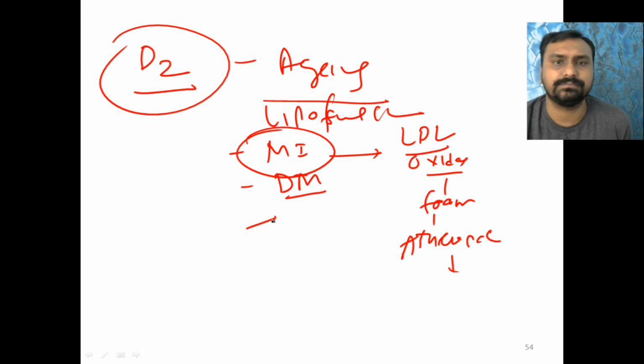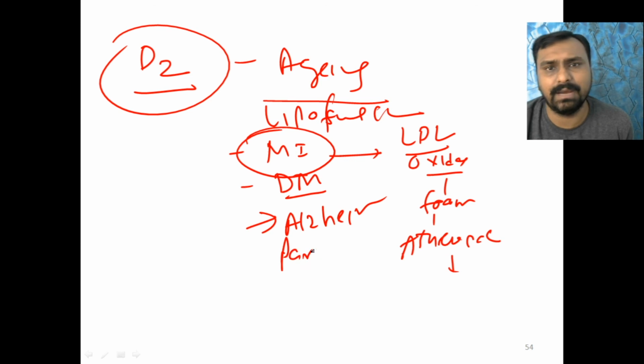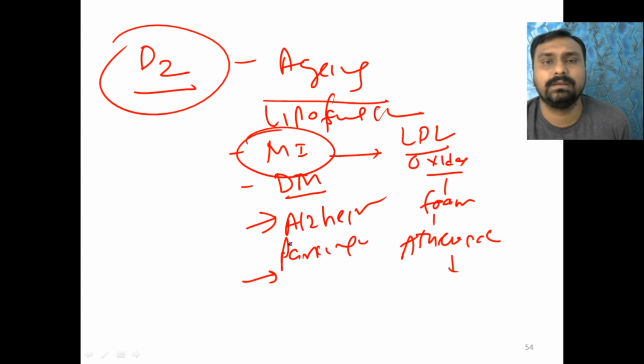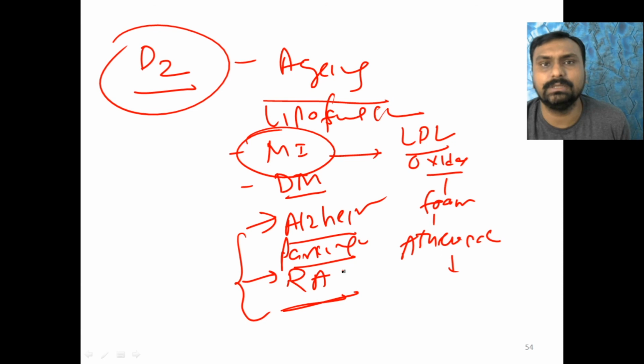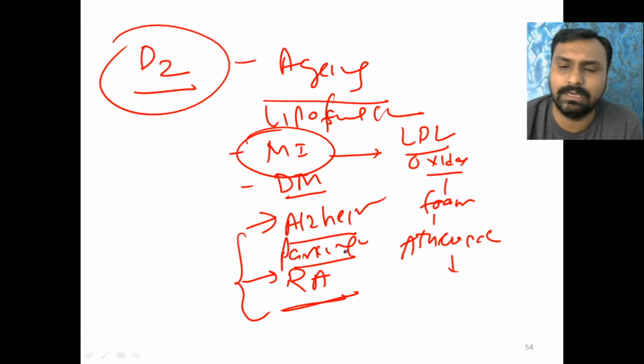Diabetes mellitus, chronic disease, aging like Alzheimer's disease, Parkinson's, all are related to the free radical, right? Then chronic inflammatory disease like rheumatoid arthritis is also related to aging. Okay, so these are all very important diseases related to the free radical.